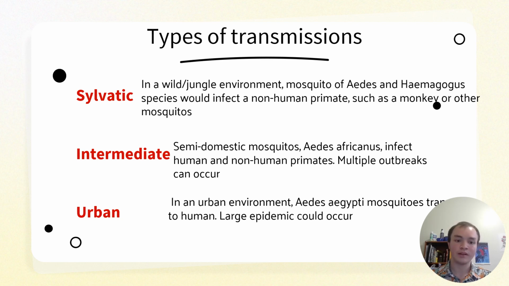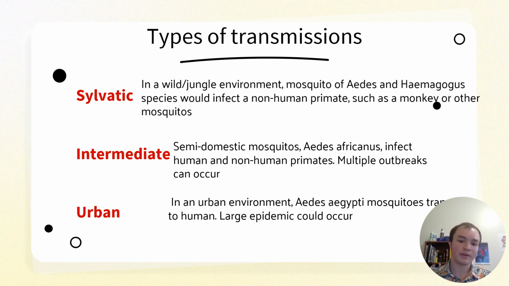The 3 cycles would be the sylvatic, the intermediate, also known as the Savanna cycle, as well as the urban cycle. The sylvatic cycle will normally take place in a wild jungle environment where mosquitoes of the Aedes and Haemagogus species would infect a non-human primate, such as a monkey, and humans could get infected with the sylvatic cycle if a person were to ever go into a jungle and get bitten by an infected mosquito.